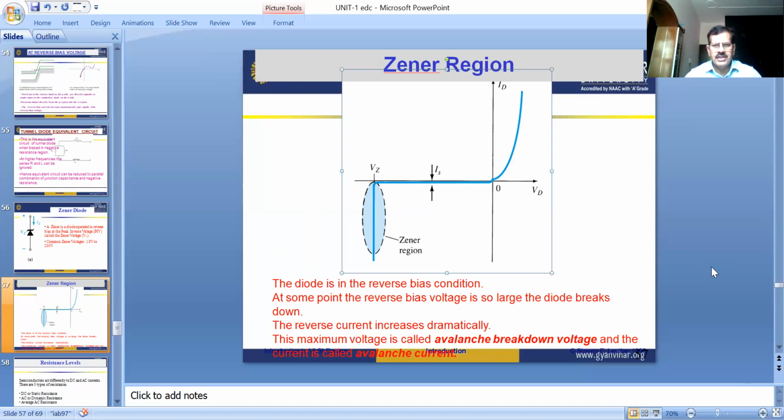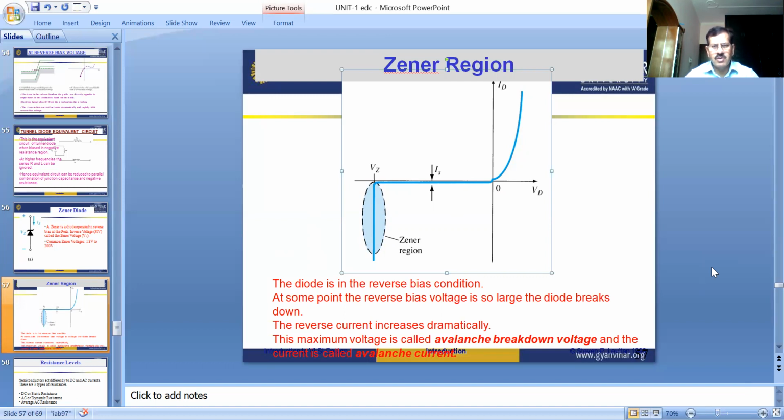The diode is in the reverse bias condition. At some point, the reverse bias voltage is so large that the diode breaks down, and in that condition the reverse current increases very rapidly, dramatically.